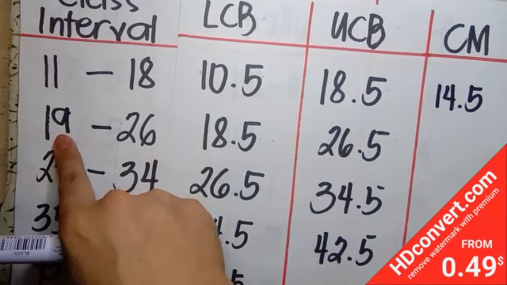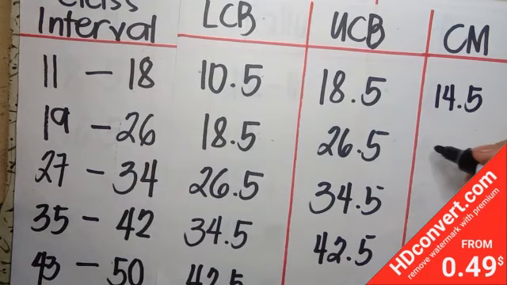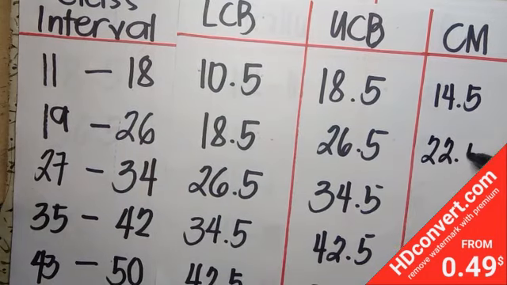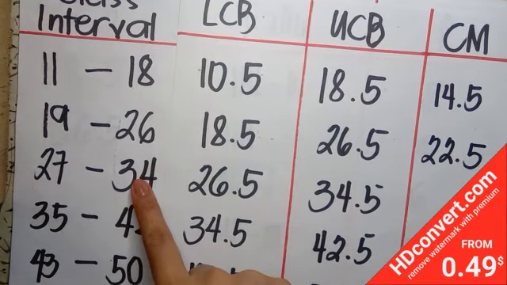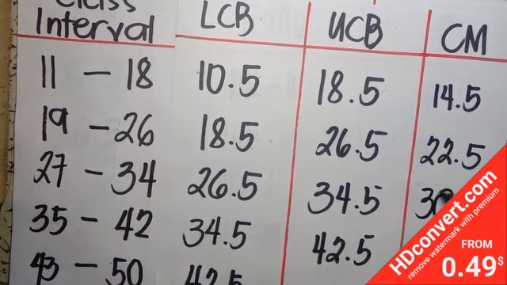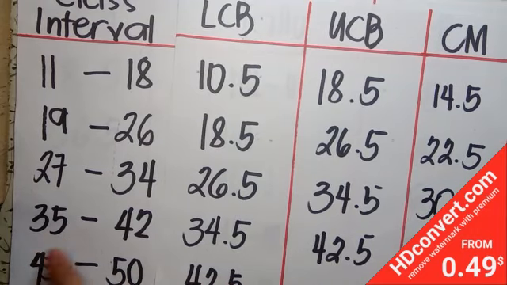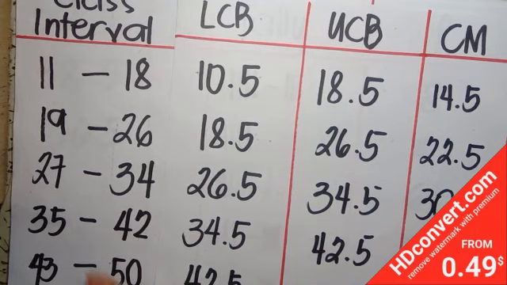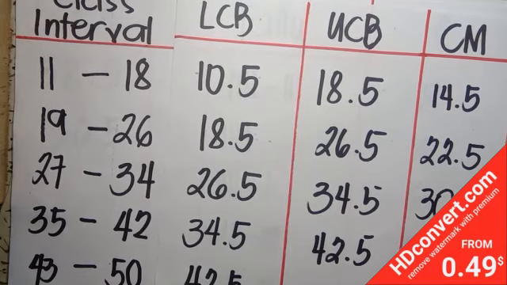Next, 19 plus 26 divided by 2, 22.5. Next, 27 plus 34 divided by 2, 30.5. Next, 35 plus 42 divided by 2, 38.5.